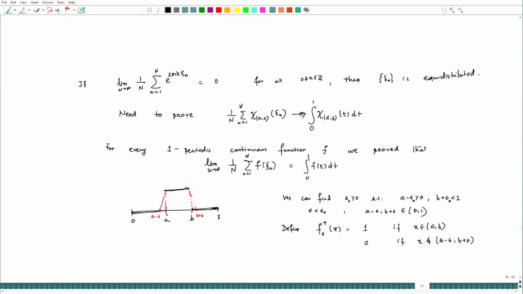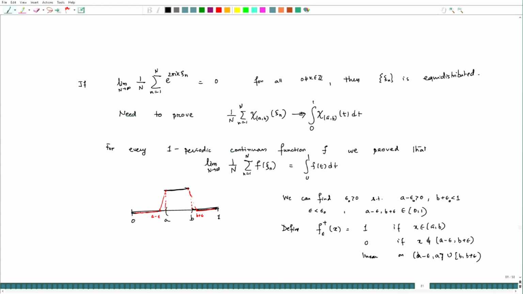Outside this it is 0, and this is a continuous function, linear on the intervals a minus epsilon to a and b to b plus epsilon.